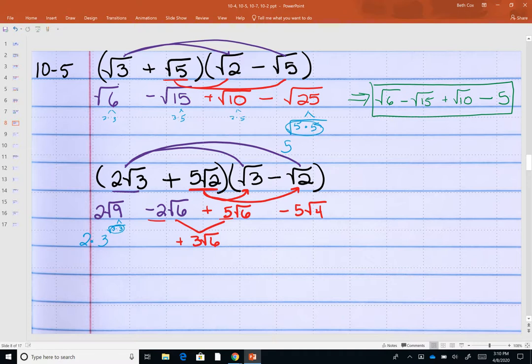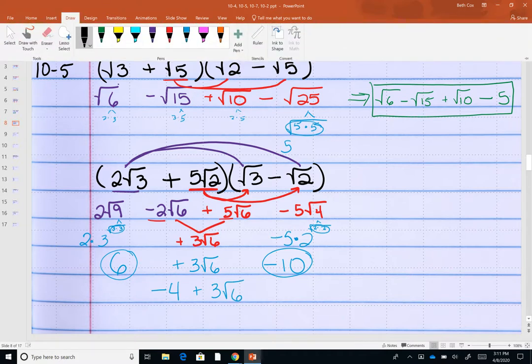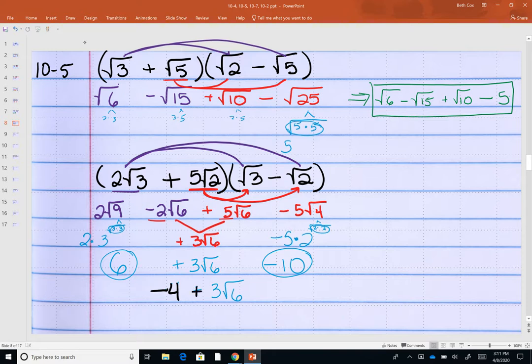That becomes 2 times 3, which is just 6. Over here, the 5 is already out. The 4 is 2 times 2, and it gets to get out. So that's minus 10. Now we have like terms again. The 6 minus 10 is going to give me a negative 4. So there is my official answer: negative 4 plus 3 square roots of 6.